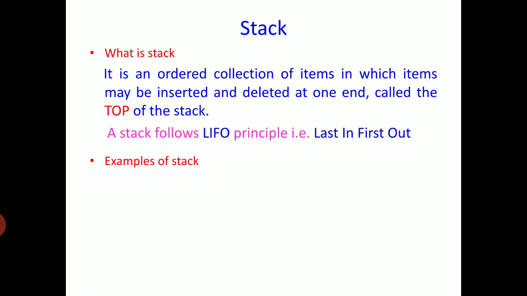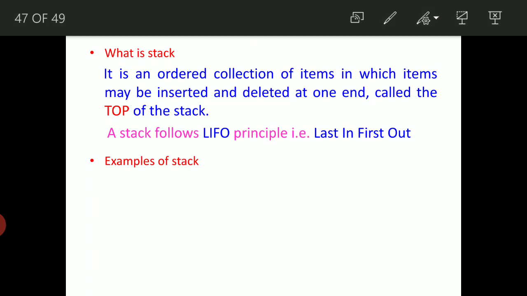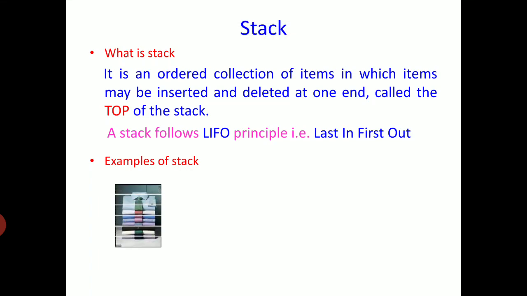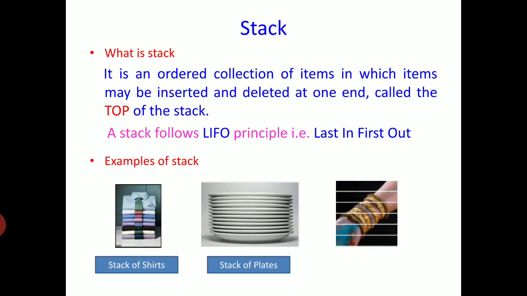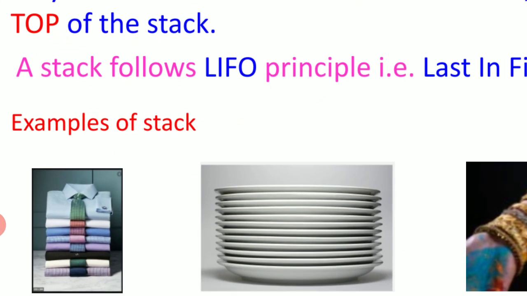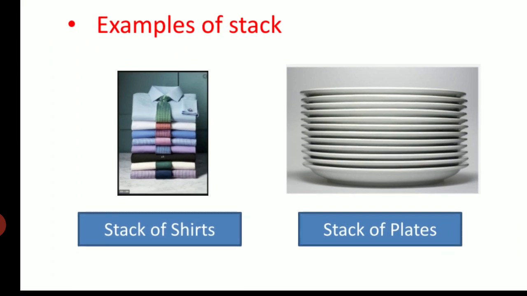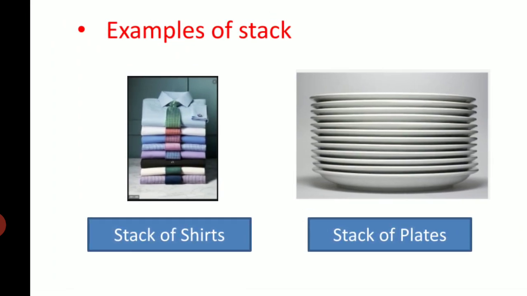We'll see some examples for the stack. I'll show all three examples, then you can understand what a stack actually is and what principle it follows. In the first, as shown here, there is a stack of shirts. That means they are arranged.